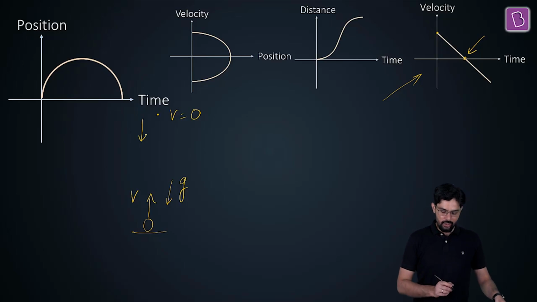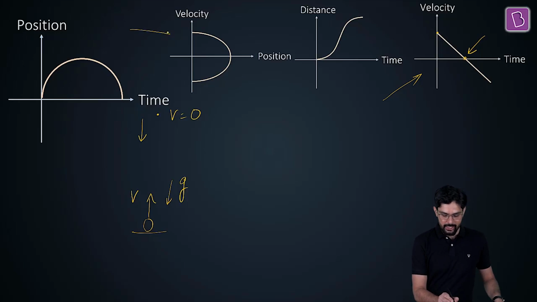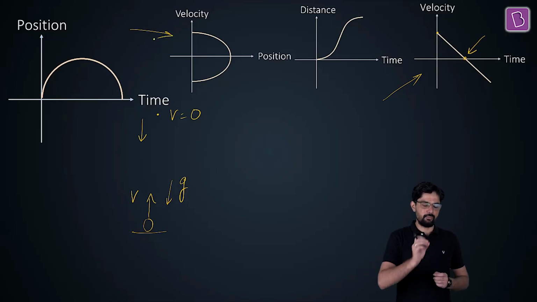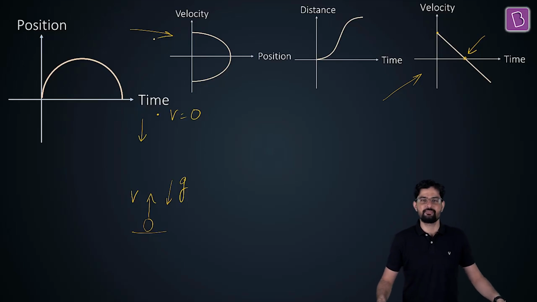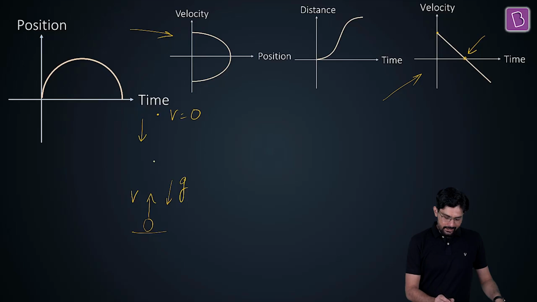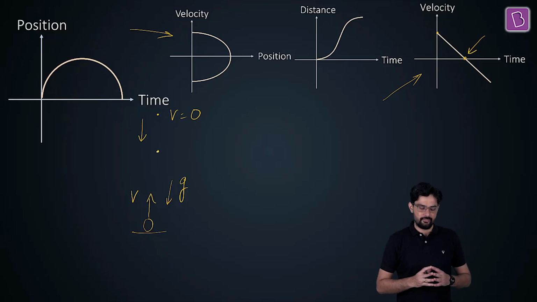Now let's take a look at the velocity position curve. Do you think this velocity position curve also represents the same motion? Well, in this case, think about some position in its journey.